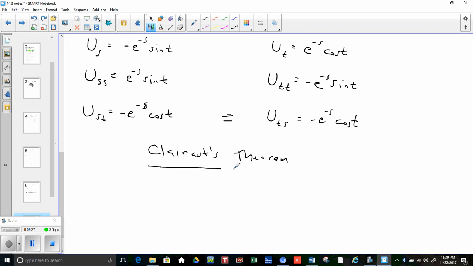What that theorem says is the mixed partial second derivatives are commutative.